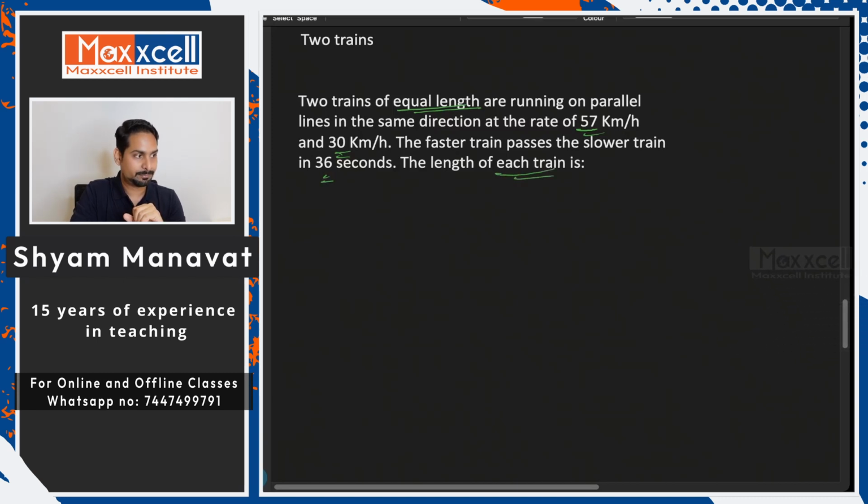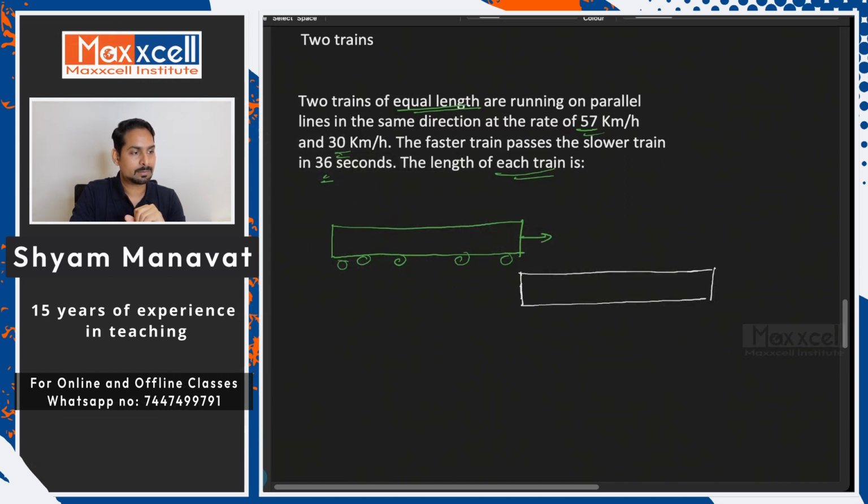Now, if you want me to show this with the diagram, let's say this is the train moving in this direction, and the other train is parallel to this, and the faster train starts crossing the slower one, right?